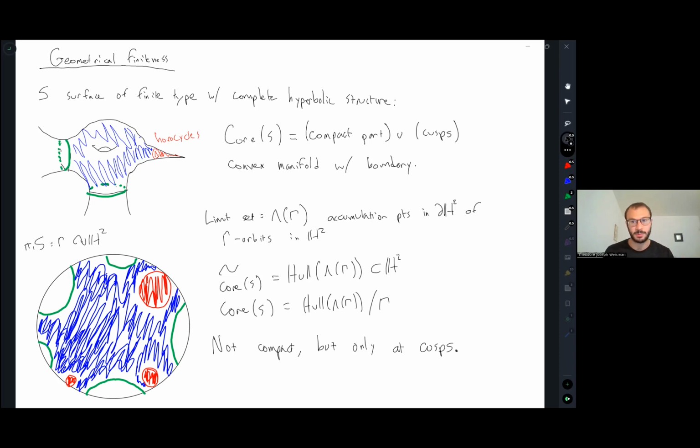So this manifold is topologically simple. We can understand it by looking at this compact piece, and this compact piece is this very nice convex hyperbolic manifold, and it only fails to be compact in this controlled way. So this is an example of a geometrically finite group.